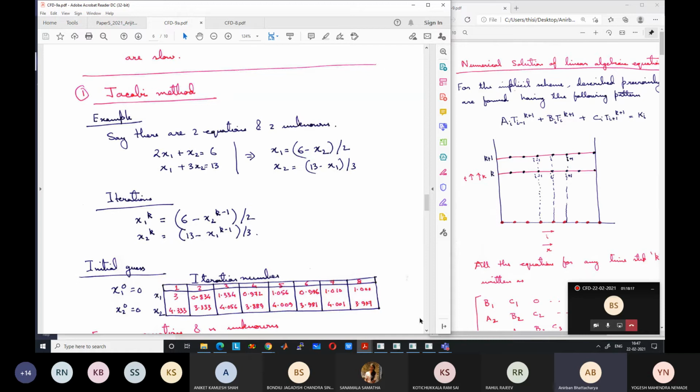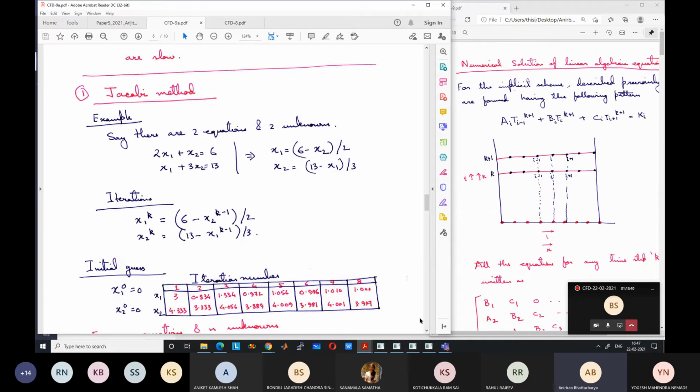So I can take a guess value based on the boundary condition for all the grid points to be 10 meter per second. I can also take the guess value to be 0 meter per second. Similarly, for temperature, I can take the room temperature or the initial temperature as the guess value. So I have certain hints also.